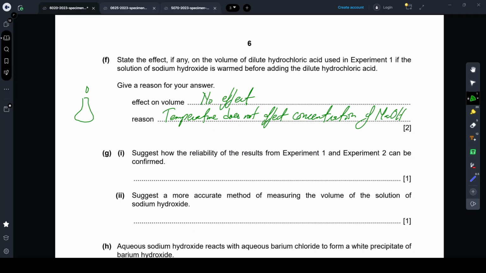Okay, suggest how reliability of the results can be confirmed. Repeating the experiments. Yes, so remember, reliability, repeatability.